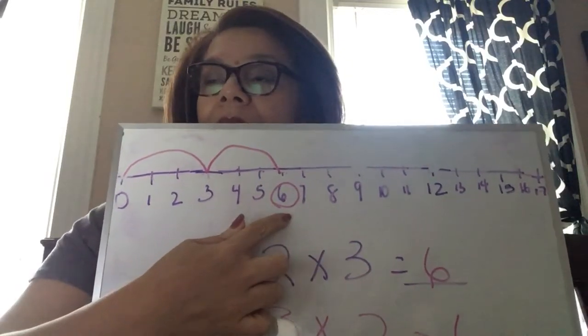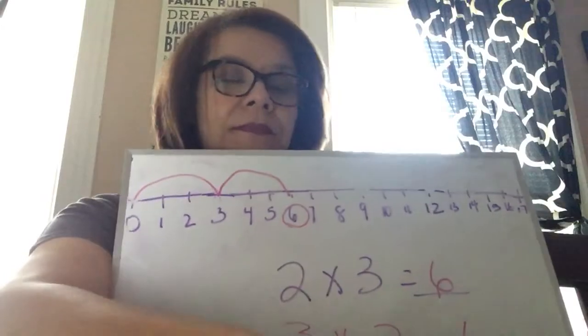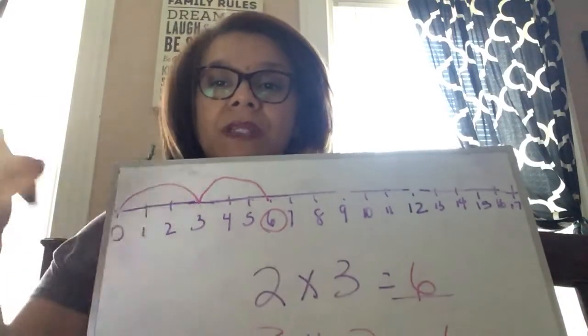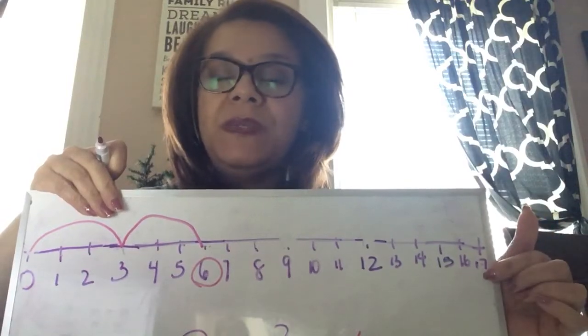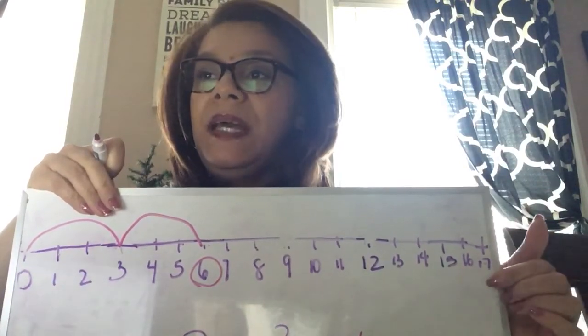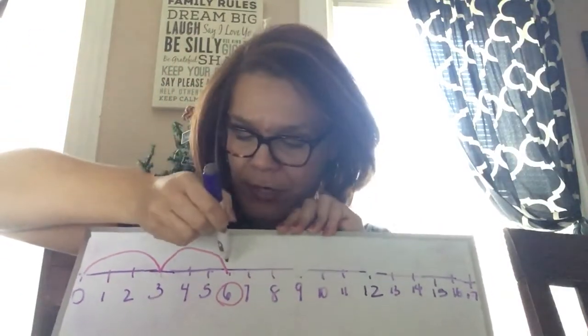Skip count. Next number is 6. I'm just going to keep hopping. Now, I only can fit up to 17 here, but I think after this we could figure out the next numbers, okay? You guys are smart.